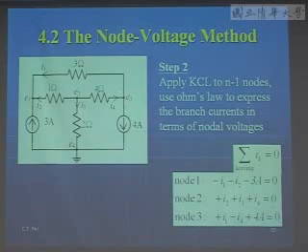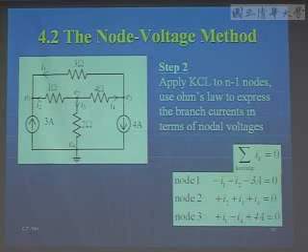Similarly for the third node E3 here, okay, you can draw a circle and you cut 3 branches. So I4 is entering, so we put minus sign here. And I1 is leaving this node, so we have plus sign. And 4 ampere current source is leaving, so we have plus sign here.